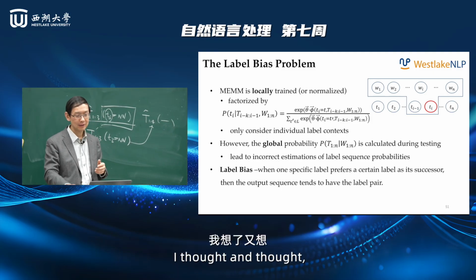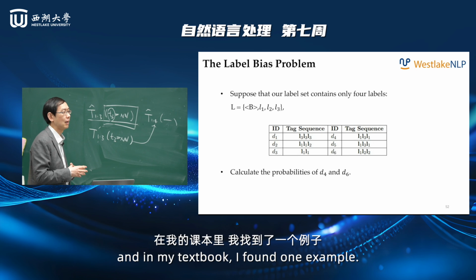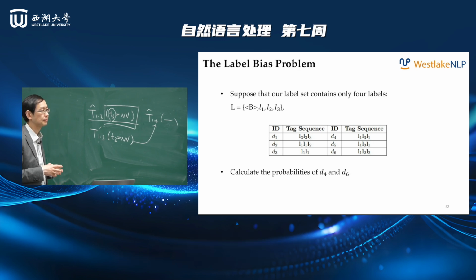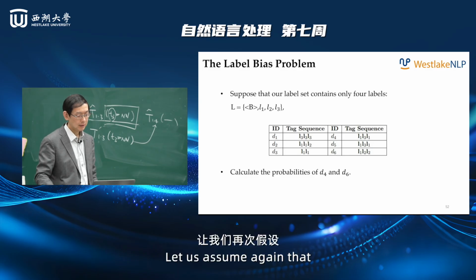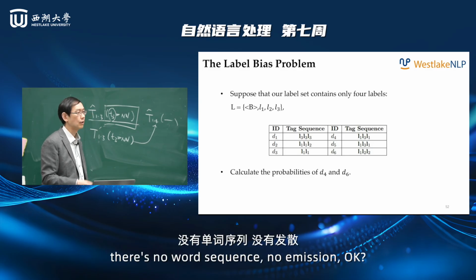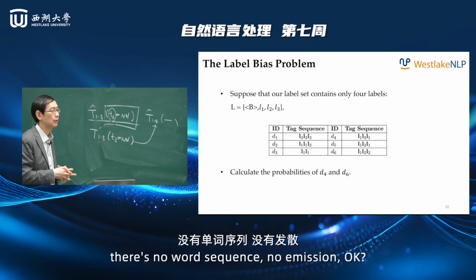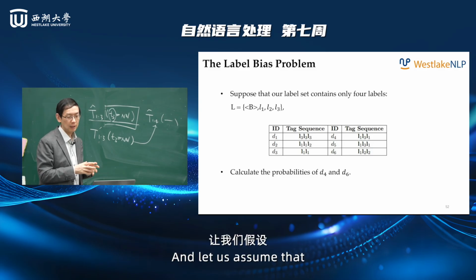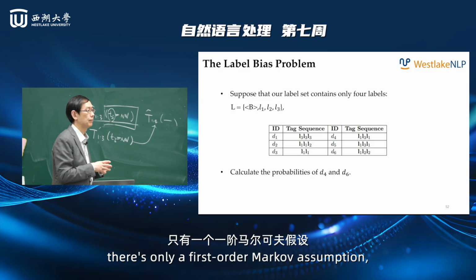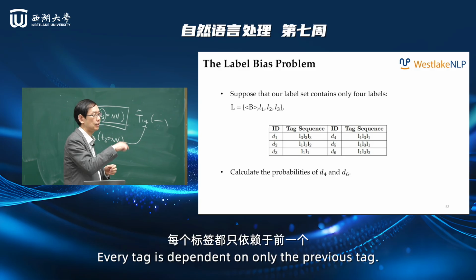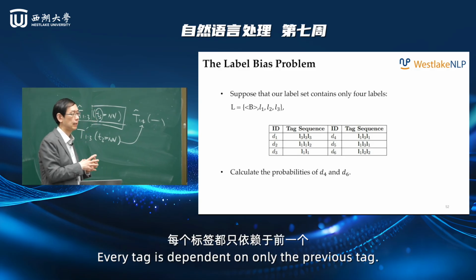I thought and thought, and in my textbook, I found one example. Let us assume again that there's no word sequence, no emission. And let us assume that there's only a first order Markov assumption: every tag is dependent on only the previous tag.